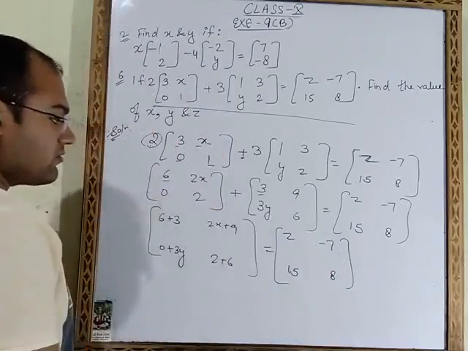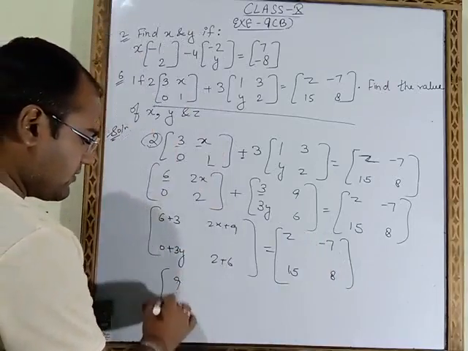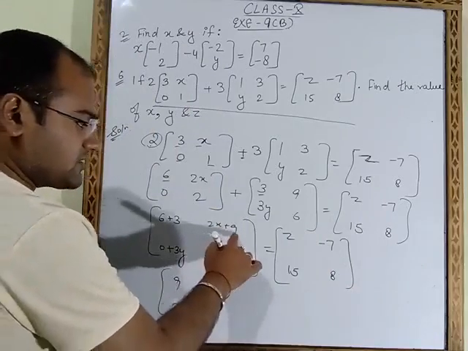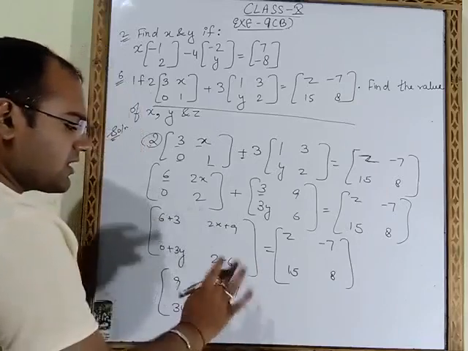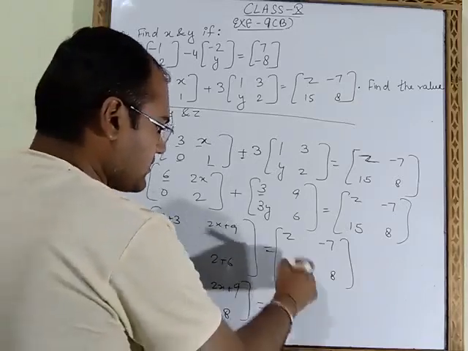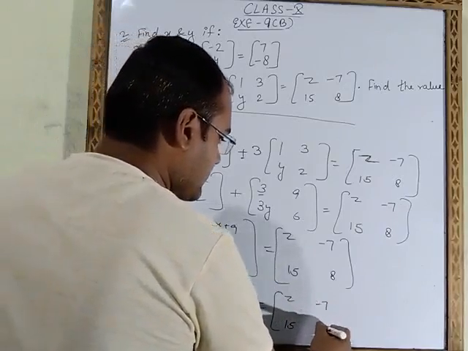Now after that, 6 plus 3 will be 9. 0 plus 3y will be 3y. 2x plus 9 is not possible to add because in this term x is there but here x is not there, so we have to write as it is. 2 plus 6 will be 8, is equal to [z, 15; minus 7, 8].